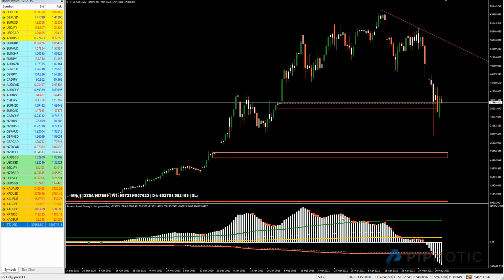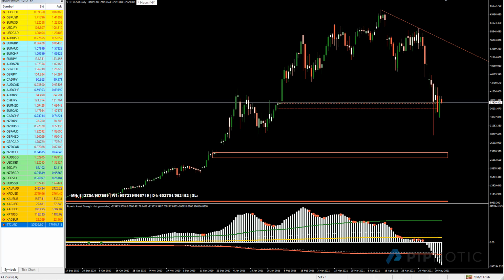And then we were continually being warned that we were going to see some kind of a sell-off in Bitcoin for weeks prior to the big crash. You can also see here that despite the fact that the price of this asset is increasing, the histogram is going down. So this is again giving us a very clear indication that we're very likely going to start to move lower. And this is what indeed happened in the following days.